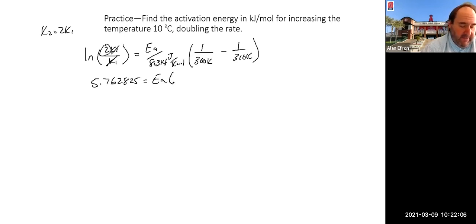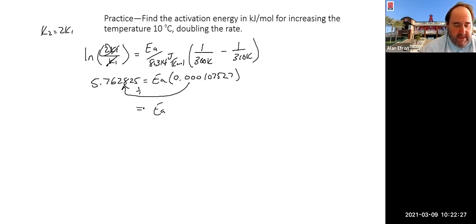Again, if we clean up what's inside the parentheses there, we end up with 0.000107527. That is going to be divided now to the other side. That's going to give us our E of A, and that would be something like 53594 units.